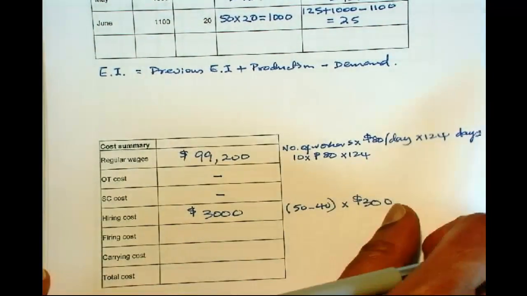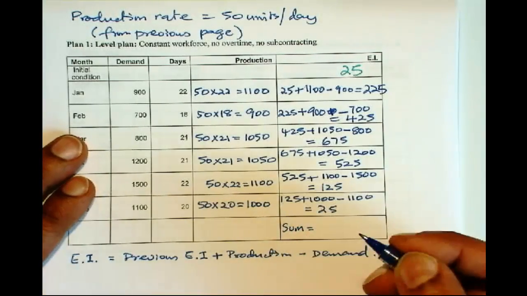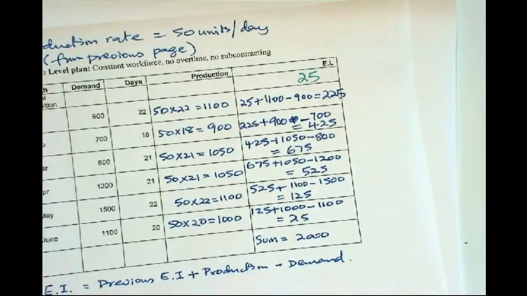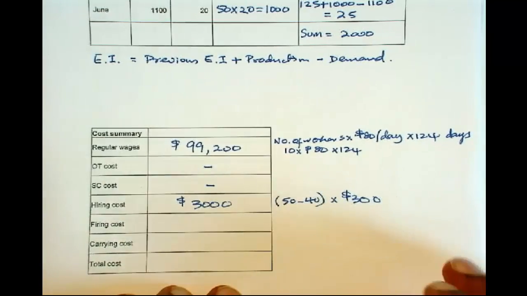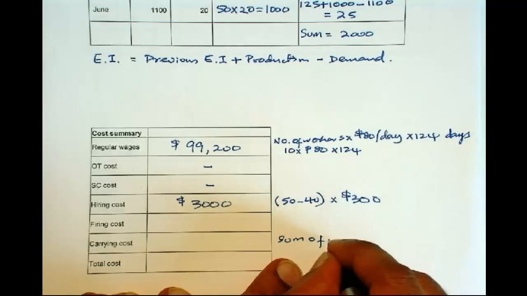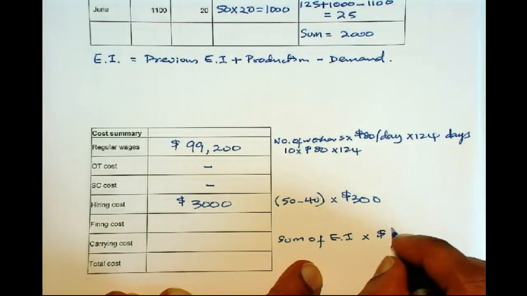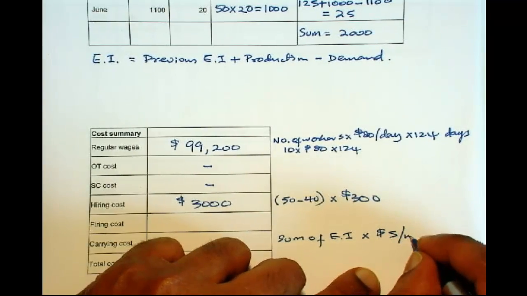Now for carrying cost, you have to sum the ending inventories. You sum the ending inventories, you get 2,000. So our carrying cost will be the sum of E.I., that's ending inventory, times $5 per unit per month.